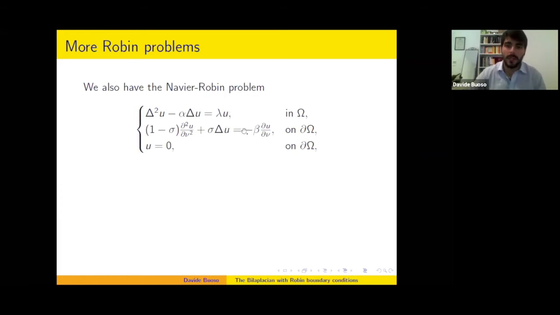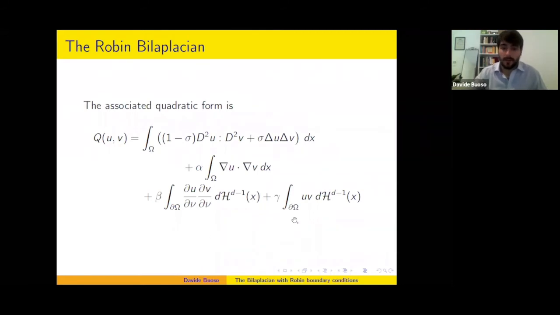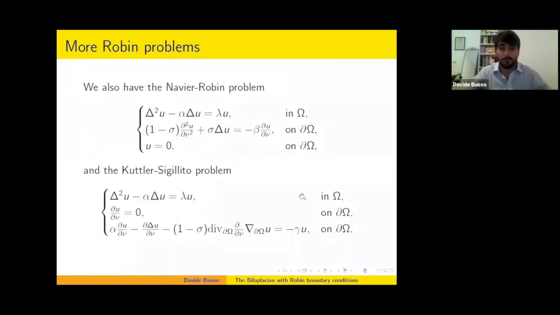Why do we call it so? Because if you set beta equal to 0, this is the classical Navier problem for the Bilaplacian, which is used for modeling plates which are just hinged and not clamped. Similarly, if you set here the normal derivative to be equal to 0 and the other trace to be free at the boundary, you end up with this other intermediate Robin problem, which we call Cutler-Sigillito, because it was introduced by Cutler and Sigillito in a paper dated 1968.